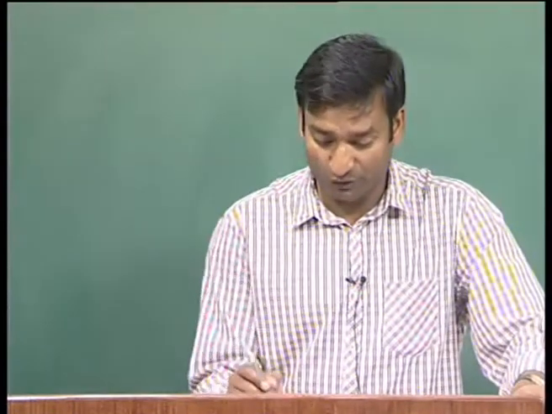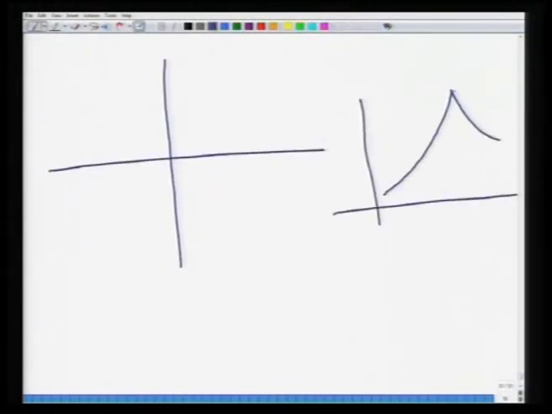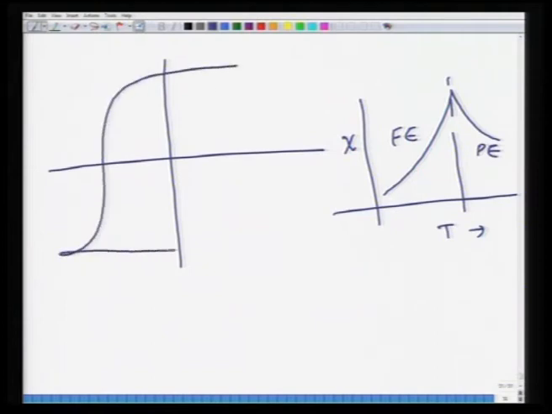Now, just another point before we go into this theory is, as you change the temperature. So, for example, if you want to look at the temperature dependence, I have plotted dielectric constant versus temperature, it goes like this. So, this is your ferroelectric state and this is your paraelectric state. How does it look in terms of polarization versus hysteresis loop? So, your material is going to look like a ferroelectric.